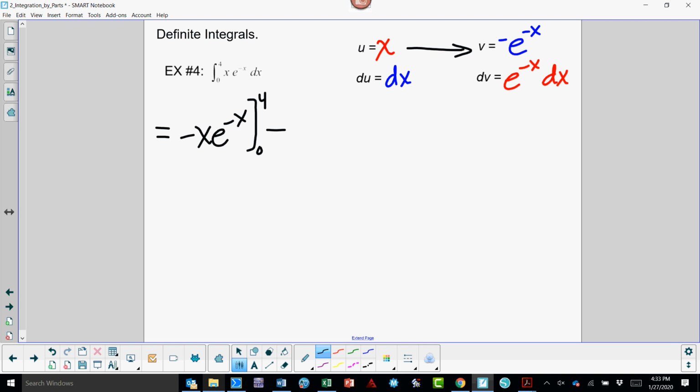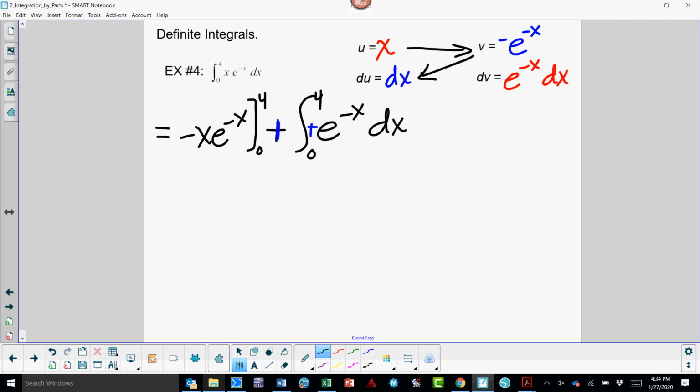And then it's going to be minus the integral, which now has to have limits of integration, of v du, which will be minus e to the minus x, so that's going to end up making this plus e to the minus x dx. If you want to, you can write that it was minus e to the minus x, which is why I made that plus. But I like to just fix the plus sign when I know that.